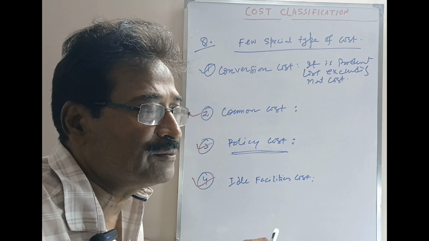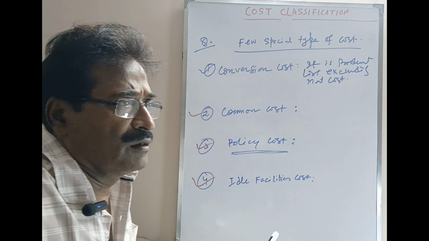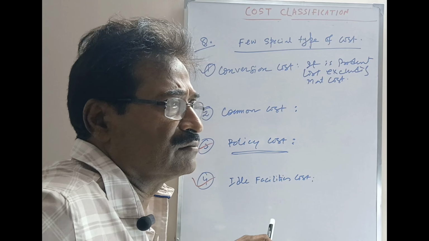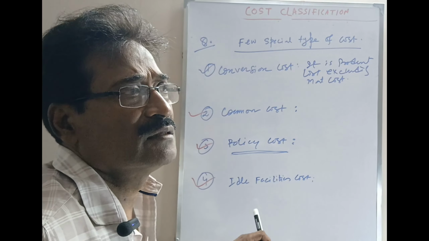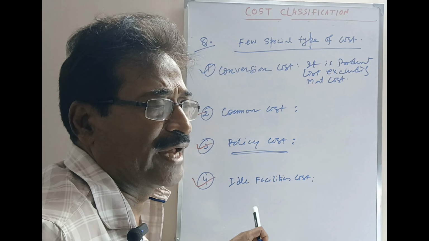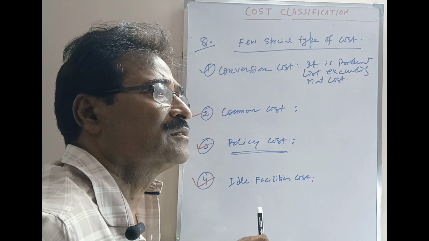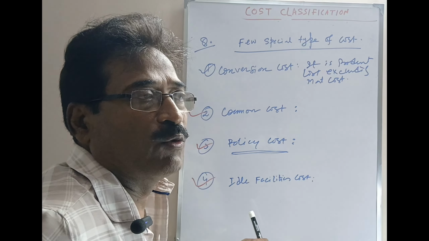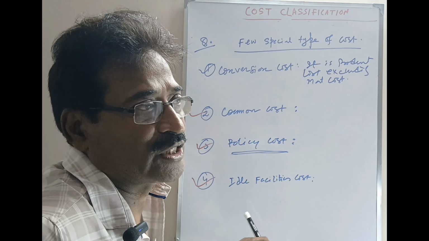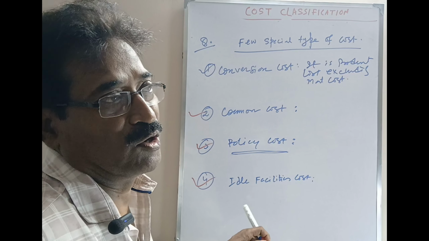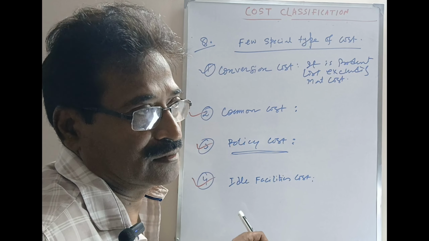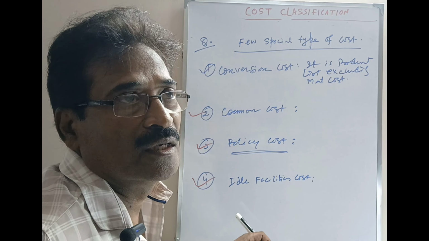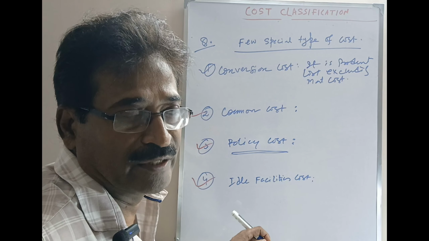Say as for example, a fixed asset, a new machinery has been procured and installed, but it is sitting idle for the want of order, etc. So it has been idle for a longer period of time. So there is loss of interest on capital involved.